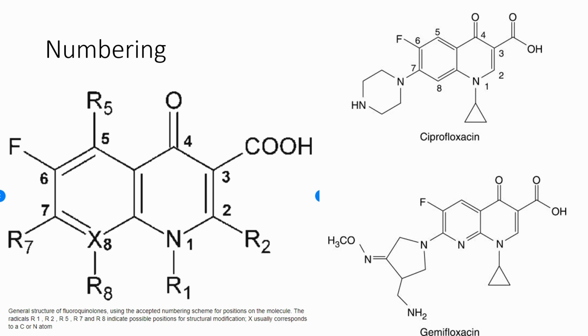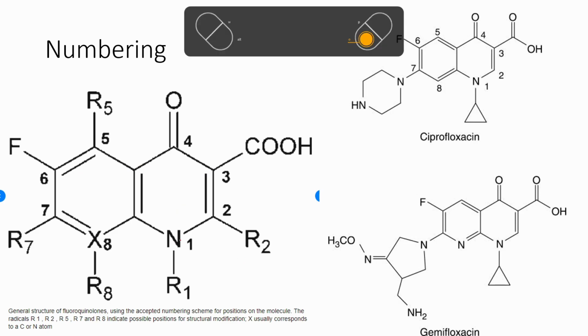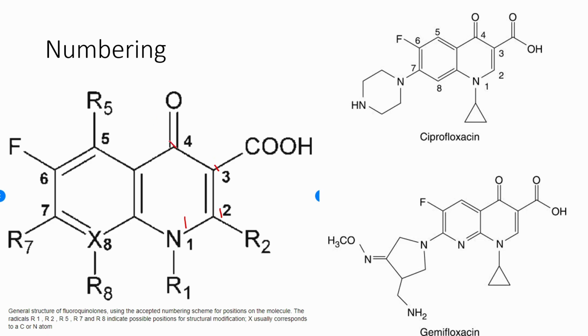So for our numbering of our quinolones, the number starts with the nitrogen atom going towards our carboxylic acid, then towards our carbon double bond O, then going towards 6, 7, 8. Okay, so the numbering system is 1, 2, 3, 4, 5, 6, 7, 8.